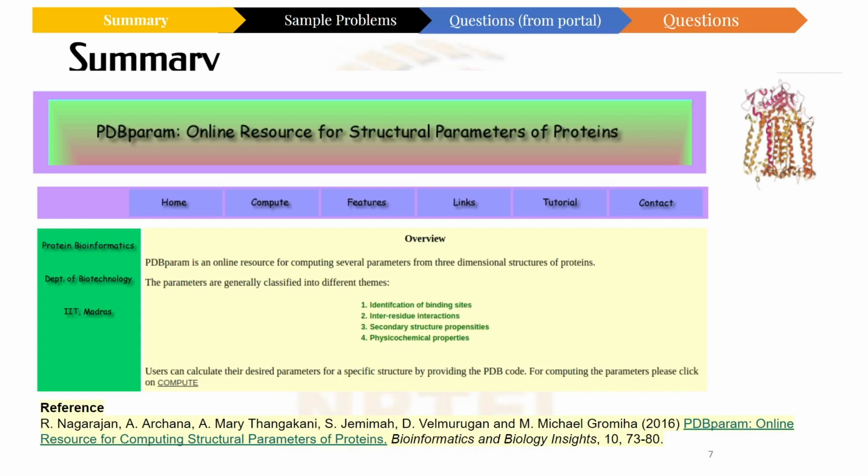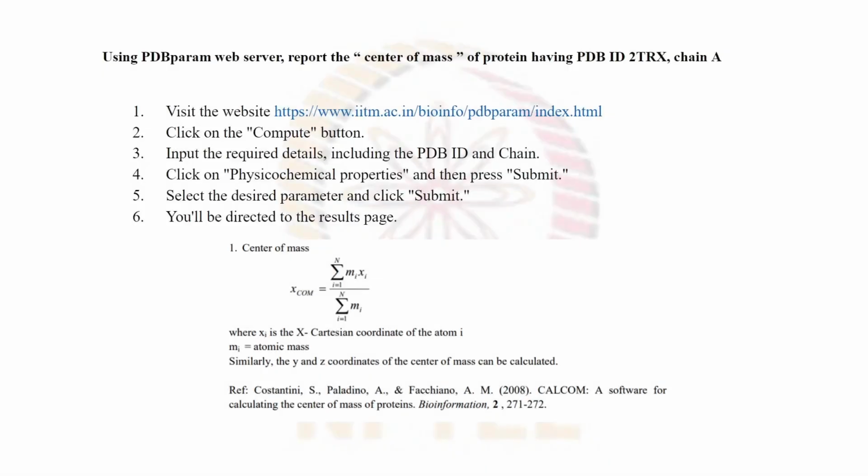So let's take a task on PDBparam. Using the PDBparam web server, report the center of mass of the protein having PDB ID 2TRX and chain ID A. For this question, you can enter the PDBparam website, click on the compute button, fill in the required input details, select the physicochemical properties, then press submit.